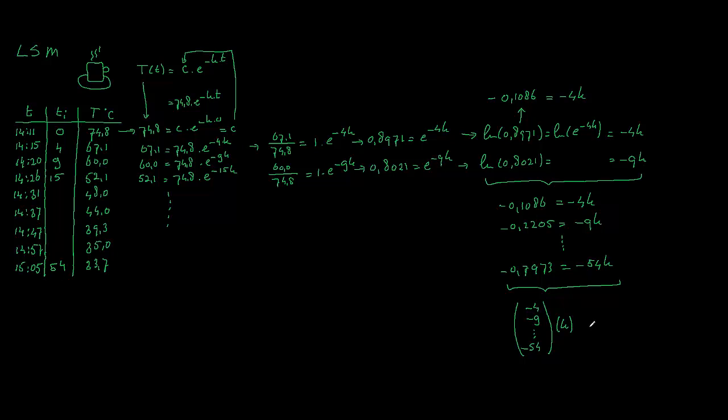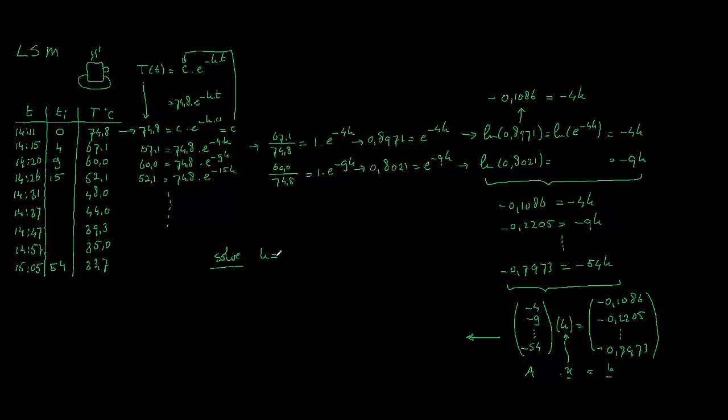Times k, that's the one we're looking for, equals the vector -0.1086, -0.2205, and the last one -0.7973. Okay, well, this is a matrix equation which we could solve. I get something like, well, this is the matrix A. This is the vector x containing the variable k, equals the vector b.